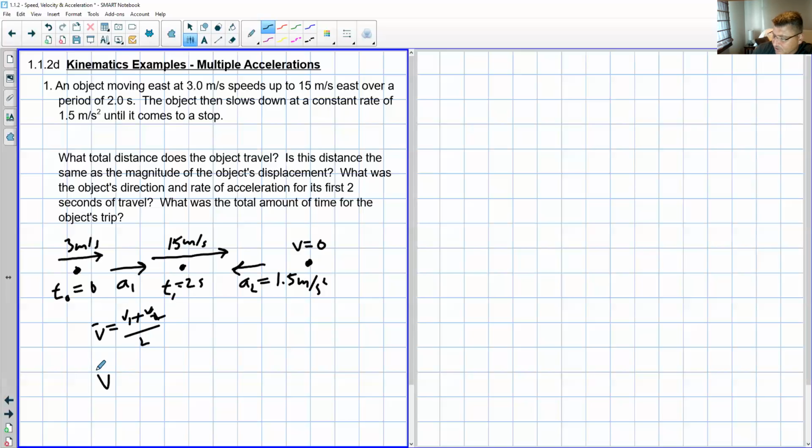And so my average speed for this interval is going to be 3 plus 15, which is 18, divided by 2, so we're going to have 9 meters per second. And our average speed for this segment is going to be 7.5 meters per second.